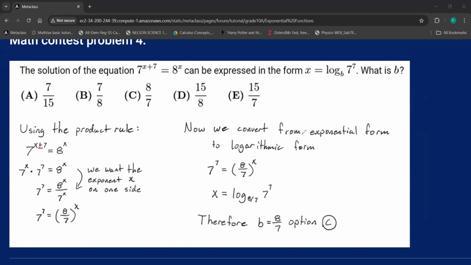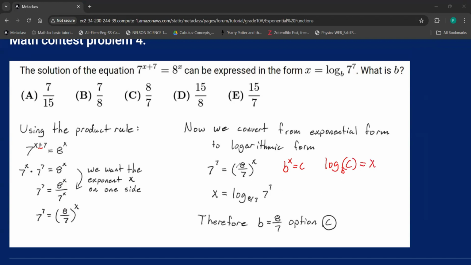And then now we convert from exponential form to logarithmic form. Okay, so I just rewrote the equation here. Remember that it is in the form of b to the power of x is equal to c. And you can write this as log base b of c is equal to x.